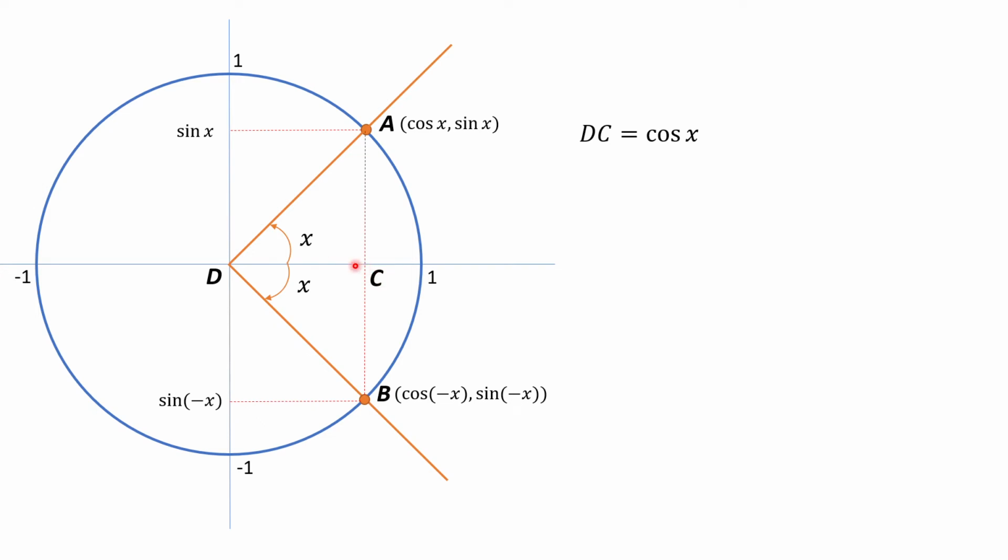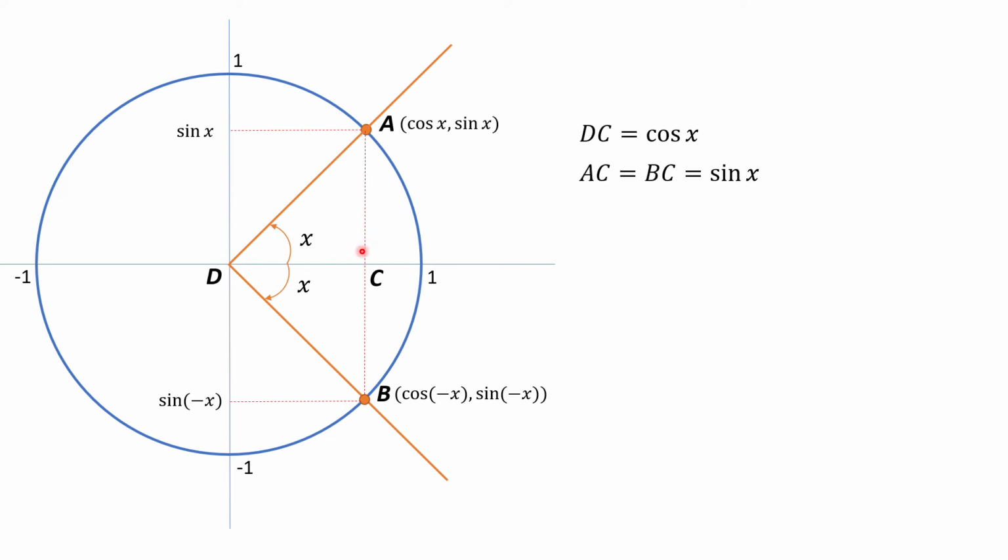We didn't establish that it's the same point for both triangles. But what it tells us is that the horizontal side of both triangles is of the same length, cosine x, and therefore point C is the same point for both triangles.